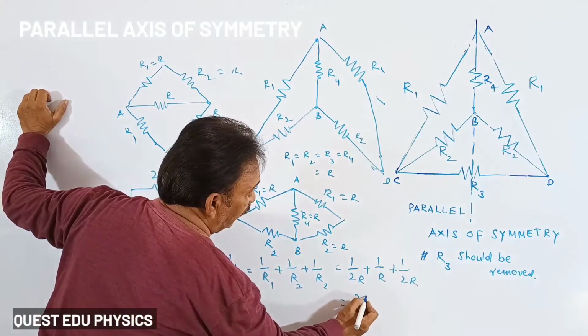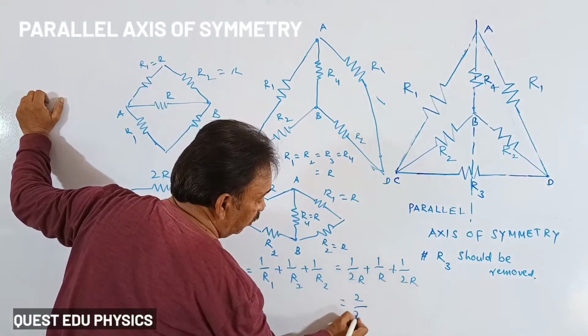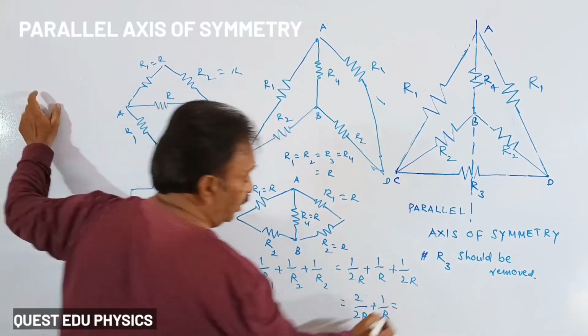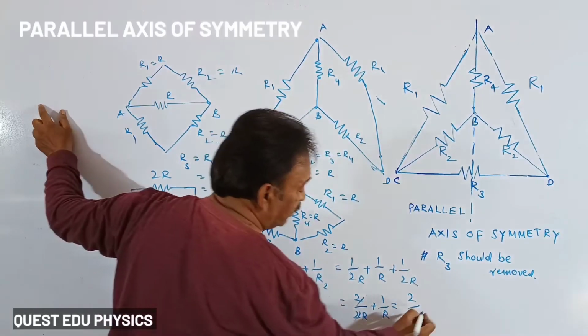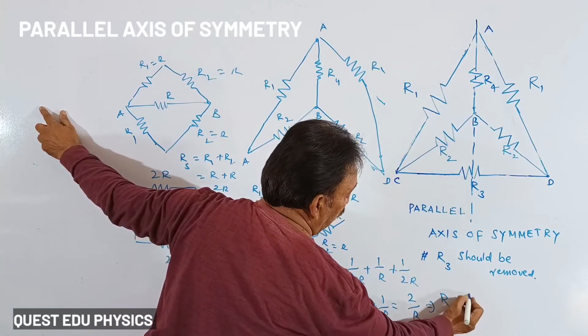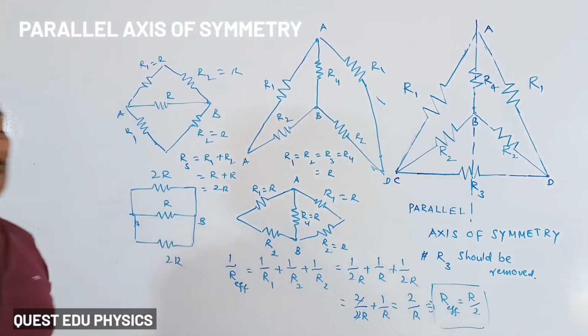Finally we will get 1 by R1 = 1 by 2R plus 1 by 2R, 2 by 2R, plus 1 by R, that is 1 by R plus 1 by R, 2 by R. Here the 2 gets cancelled. Then the effective resistance is equal to R by 2. In this way, you can solve the circuit very easily.